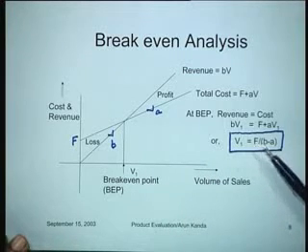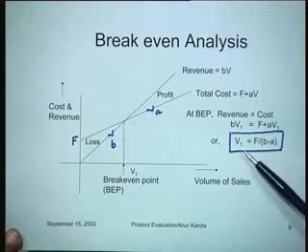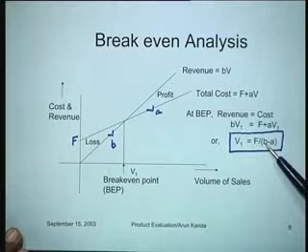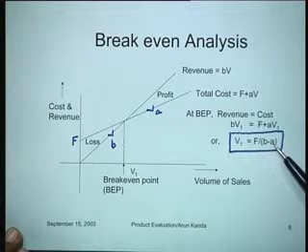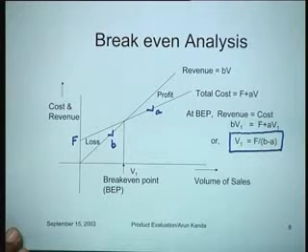So this expression simply tells you that there are only three ways to reduce the break-even point. You can reduce the fixed costs, or you can increase the unit selling price, or you can reduce the unit variable cost.